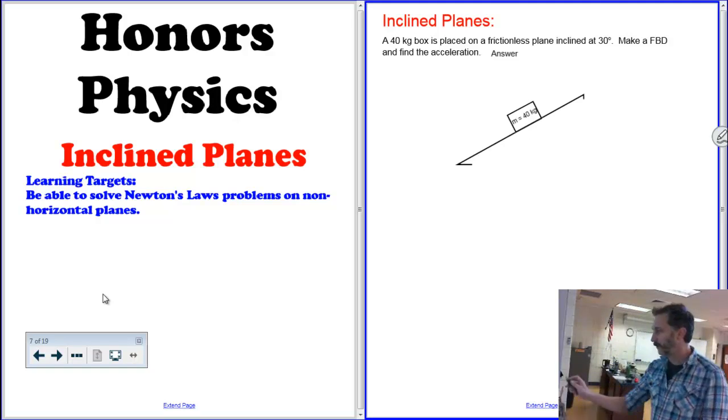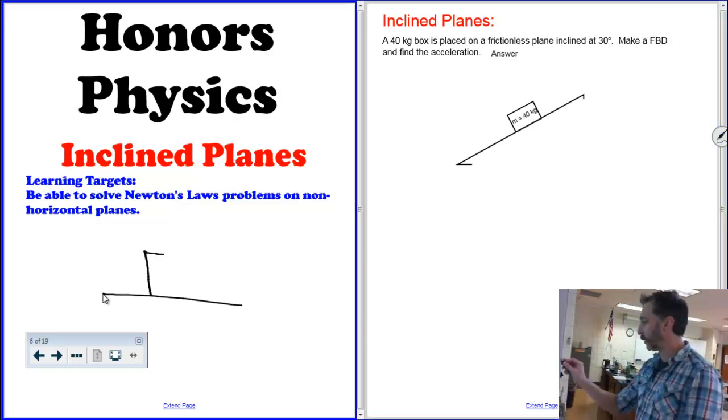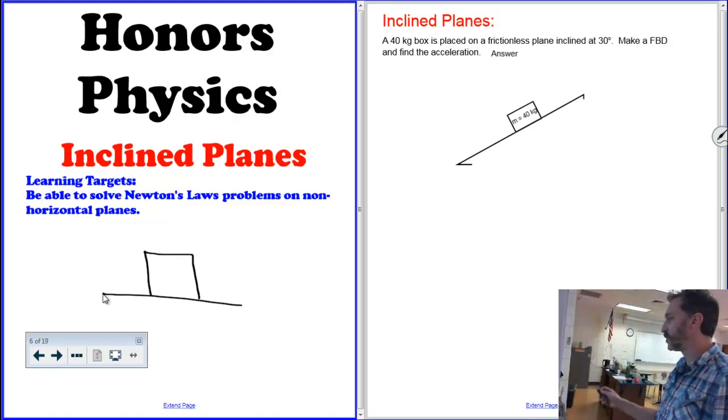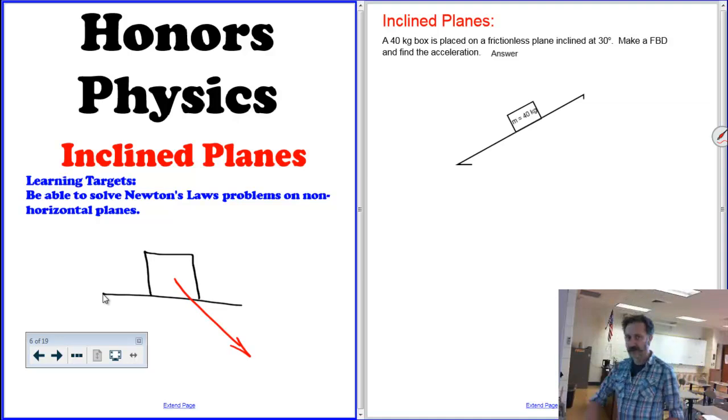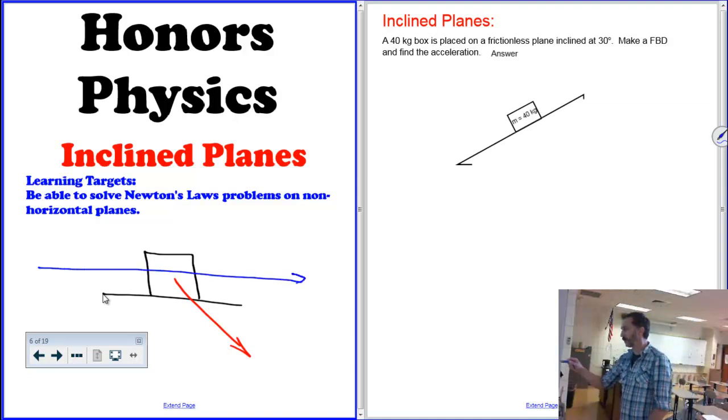In our last video, we learned how to deal with problems like this, where you had some sort of object, and then you had a force acting at some weird angle, like the classic lawnmower problem. Because the force didn't lie along either of our axes, we found the components. When I talk about our axes, the motion is going to occur along this axis, so we call that the x-axis.